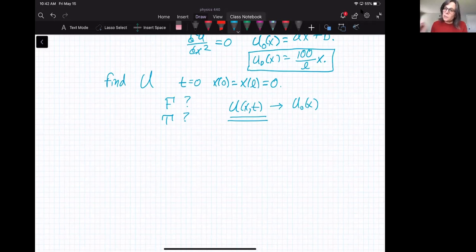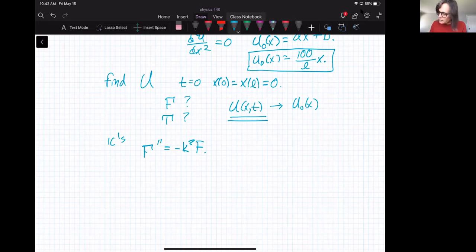So if we take the initial conditions, and that's not a steady state, that's just the initial conditions, we know that f double prime is equal to minus k squared f, right? That's just from the setup.